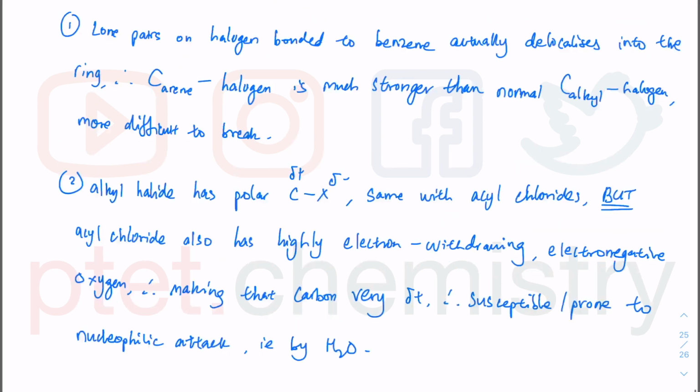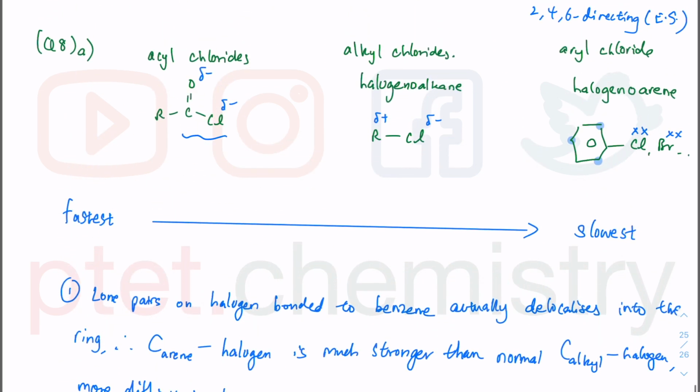Okay, so the whole idea is very easily hydrolyzed because of two highly electron withdrawing groups, this one being a more electronegative element than chlorine, therefore making this carbon very delta plus, very susceptible. Nucleophile wants to attack an electron deficient, electron poor carbon, just like that. Okay, so that's it for that 3-mark essay, which you can definitely prepare for.